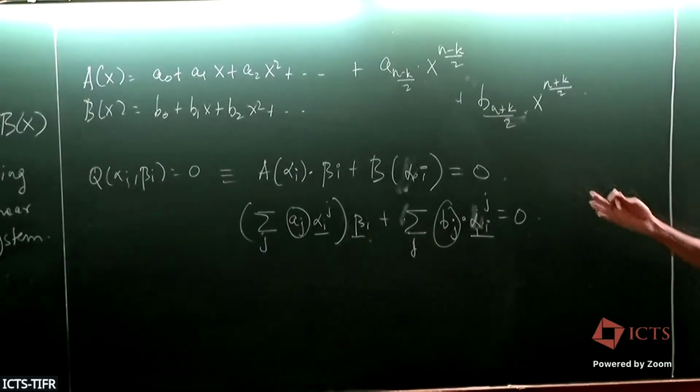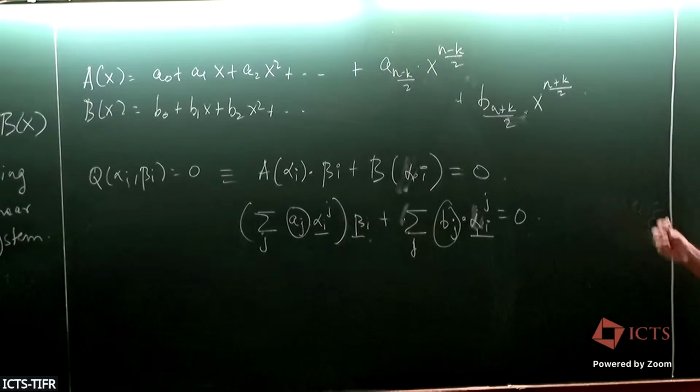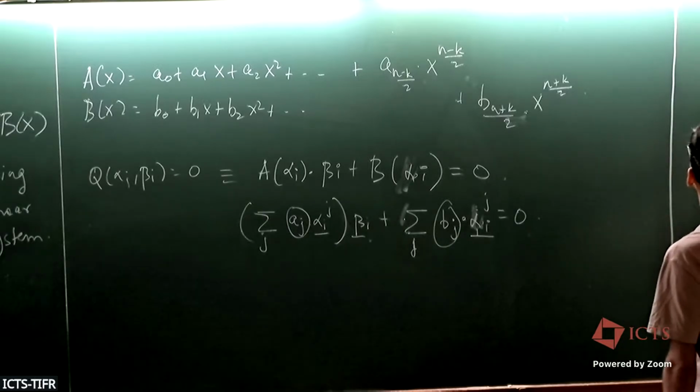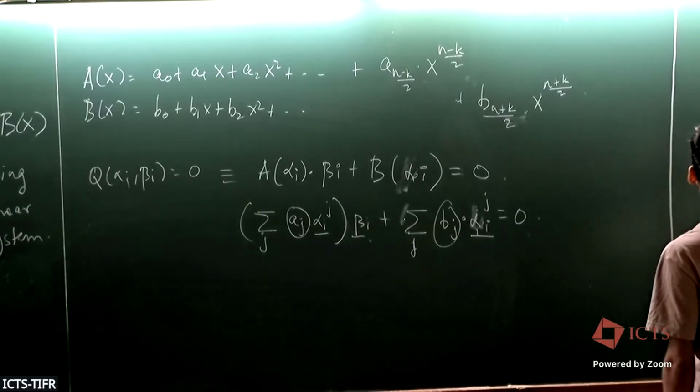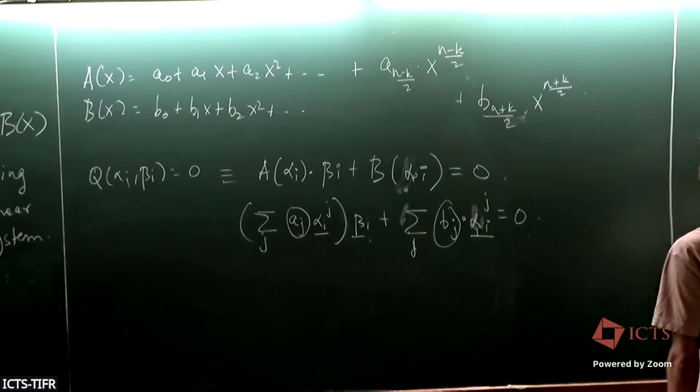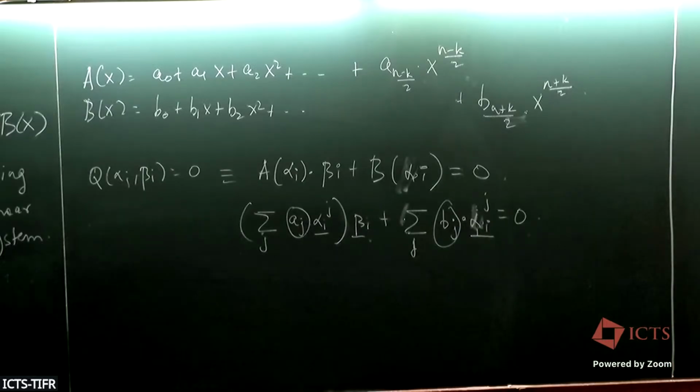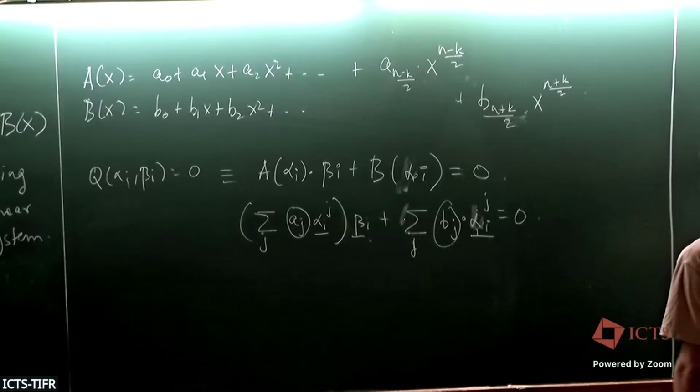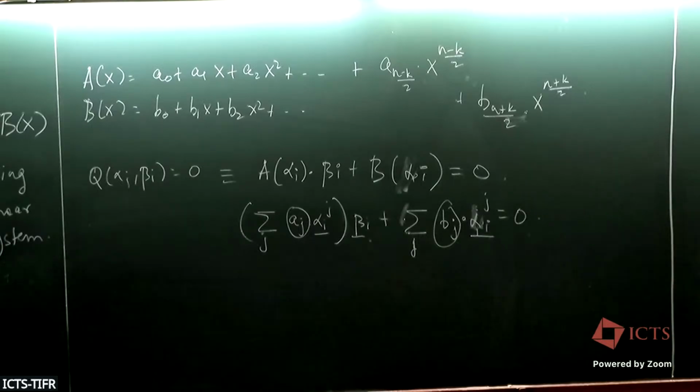So let's compare the number of variables and the number of constraints. How many constraints are we imposing? n. How many variables are there?